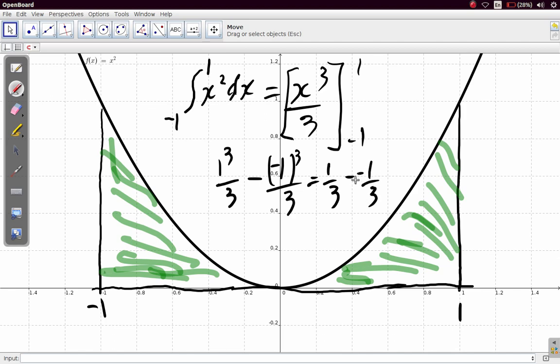So it's 1/3 minus -1/3. Let's continue over here. So what we have is 1/3 plus 1/3, which is 2/3. All right. So it is 2/3. You've doubled the area because you went from -1 to 1.